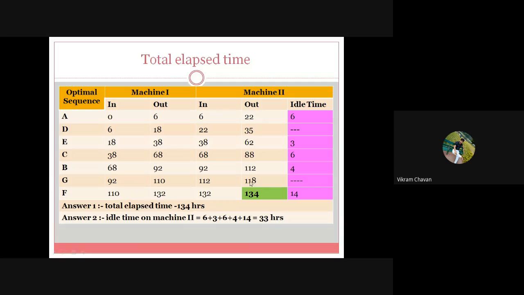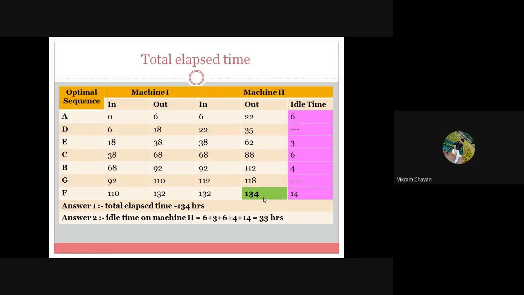Okay, but here the next job will not be available for machine 2. The F job is available at 132 hour for machine 2, and it will take 2 hours to process on machine 2.